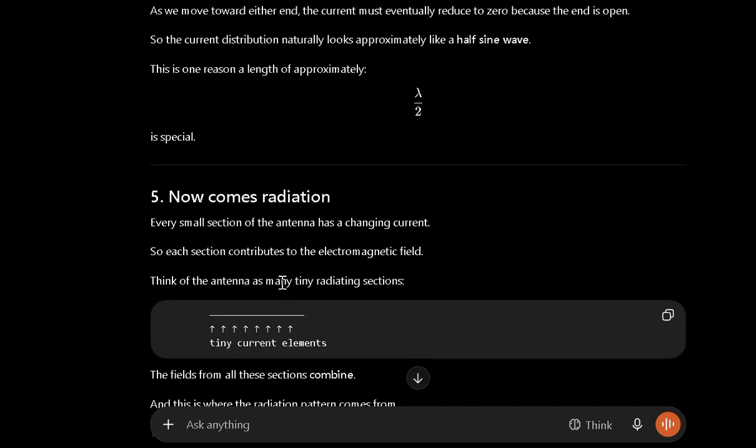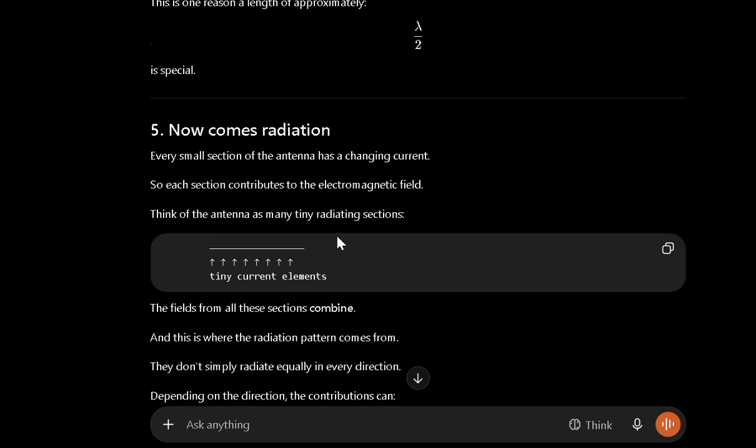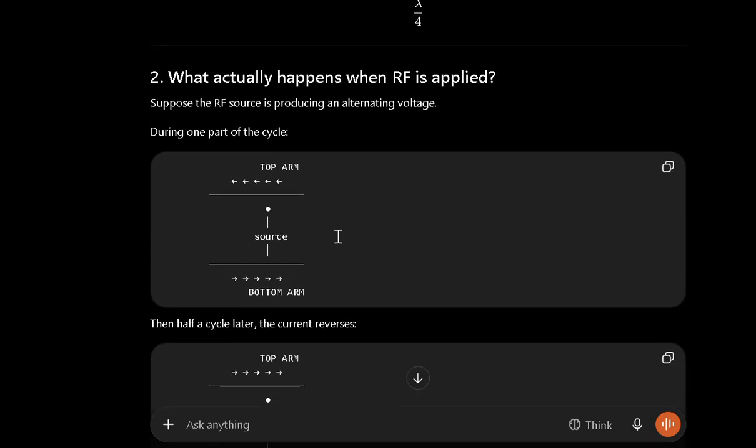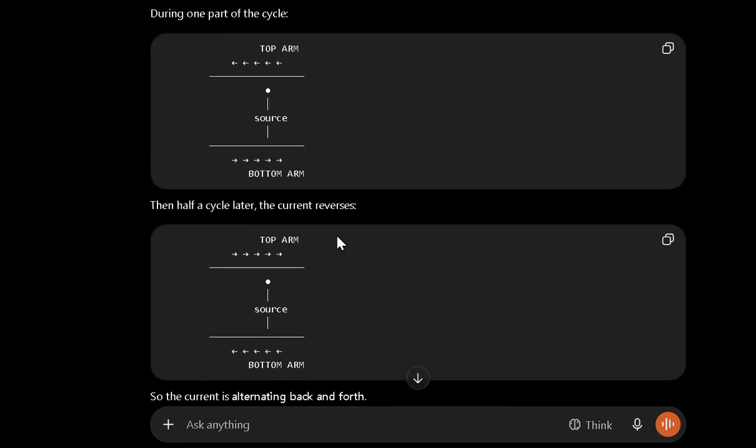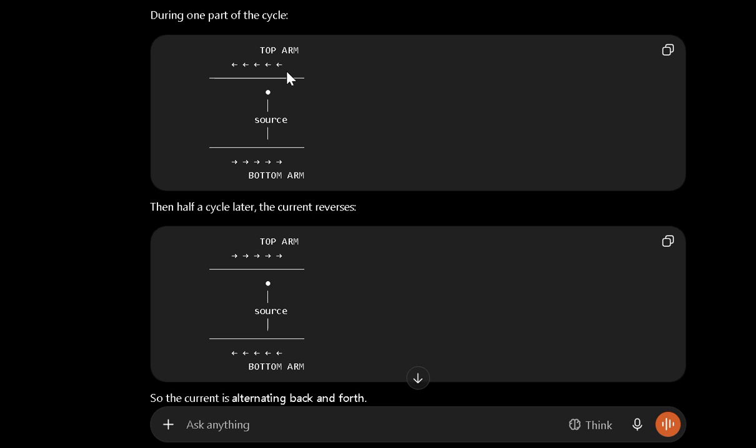Now comes radiation. Here, current flows in the opposite direction. This is the top arm and this is the bottom arm. Suppose a transmission line is connected to the source at the feed point, with an inner conductor and an outer conductor.